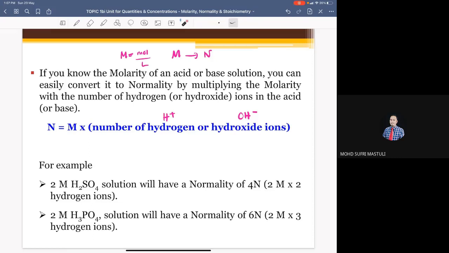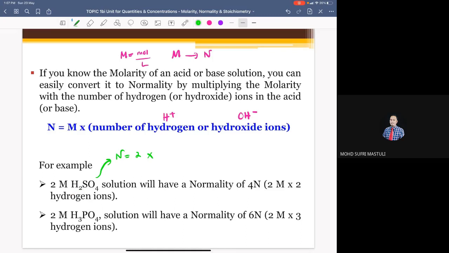Okay, so for example, if we have 2 molarity of sulfuric acid, we can have normality of 4, 4N. Why? Because from the formula, normality should be molarity times number of hydrogen, or number of hydroxide.